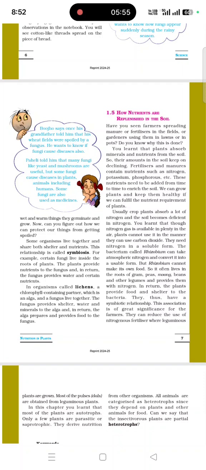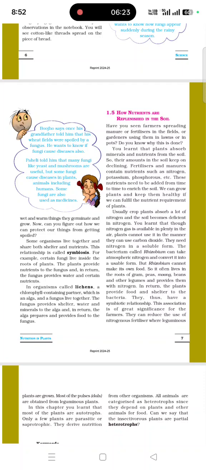There is another important example, that is rhizobium. How are nutrients replenished in the soil? The nitrogen present in the atmosphere cannot be consumed by the plants directly. So the bacteria called rhizobium present in the soil help the plant absorb atmospheric nitrogen so that it can survive.